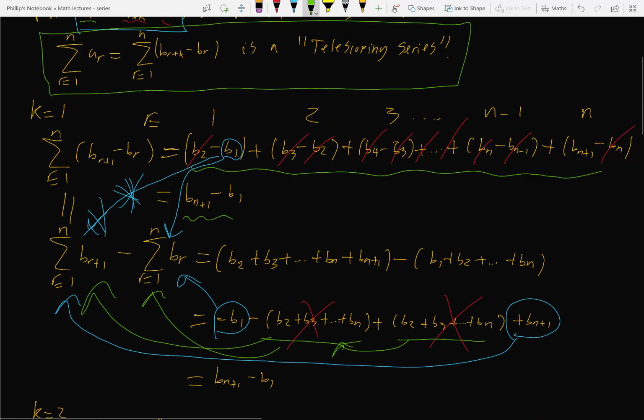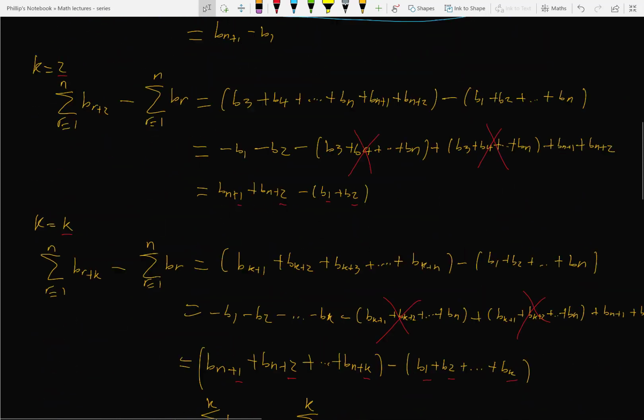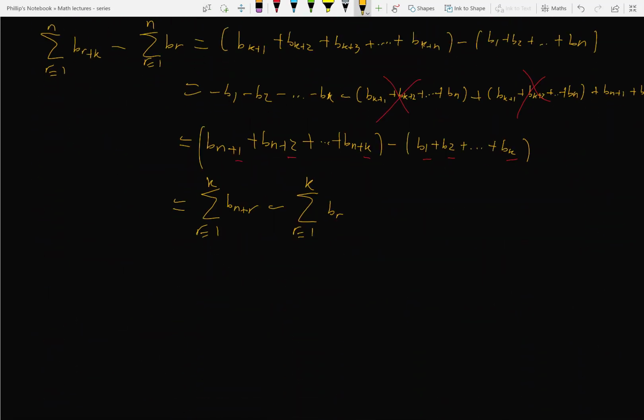And now we're going to say that the sum from r equals 1 to n of b_(r+k) minus b_r is equal to the sum from r equals 1 to k of b_(n+r) minus the sum from r equals 1 to k of b_r.